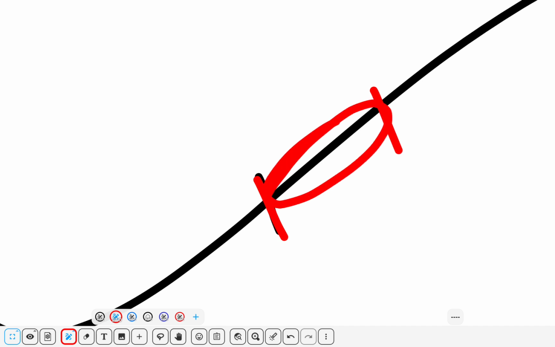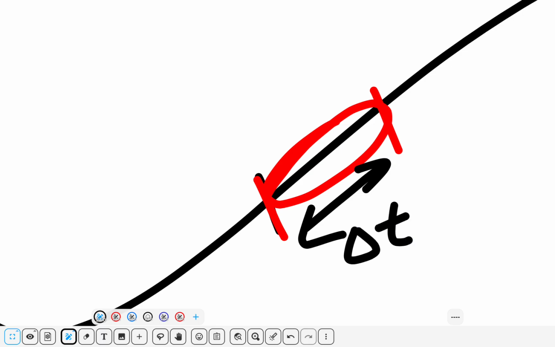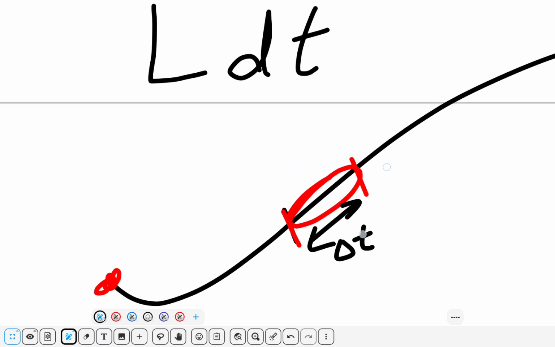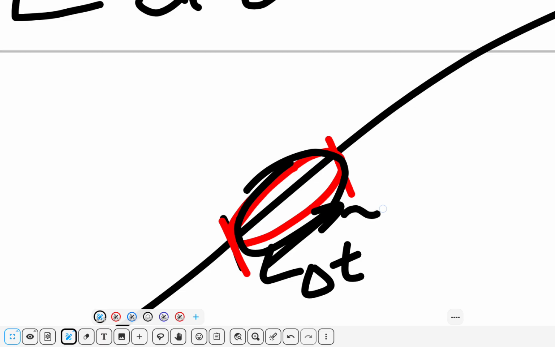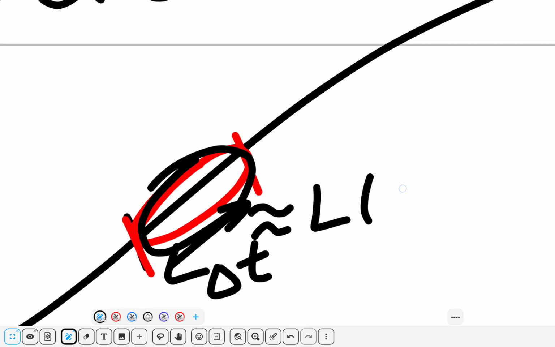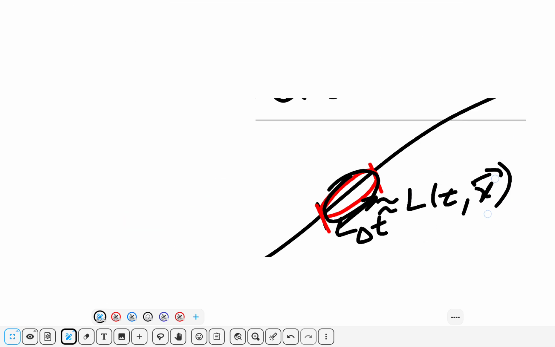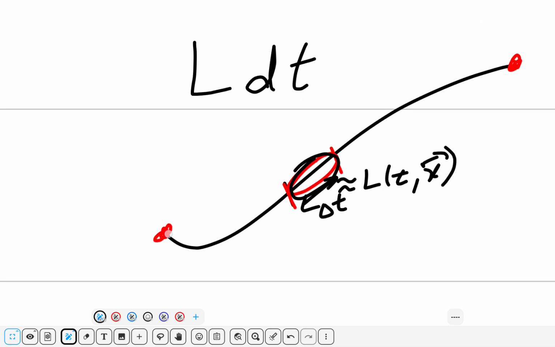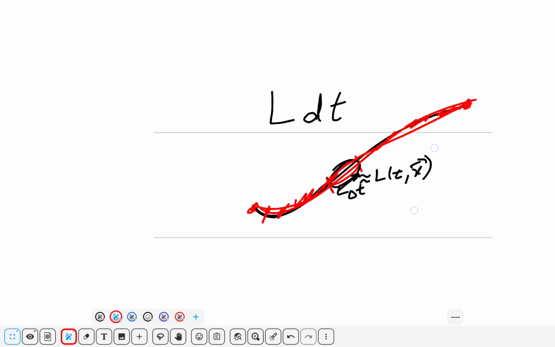From here to here, it spent some interval of time, and let's say throughout this place it had the same average Lagrangian, whatever the time was and the place it is. So at every point you have to find how much the Lagrangian was and multiply it by the time it spent there and just add them all up.